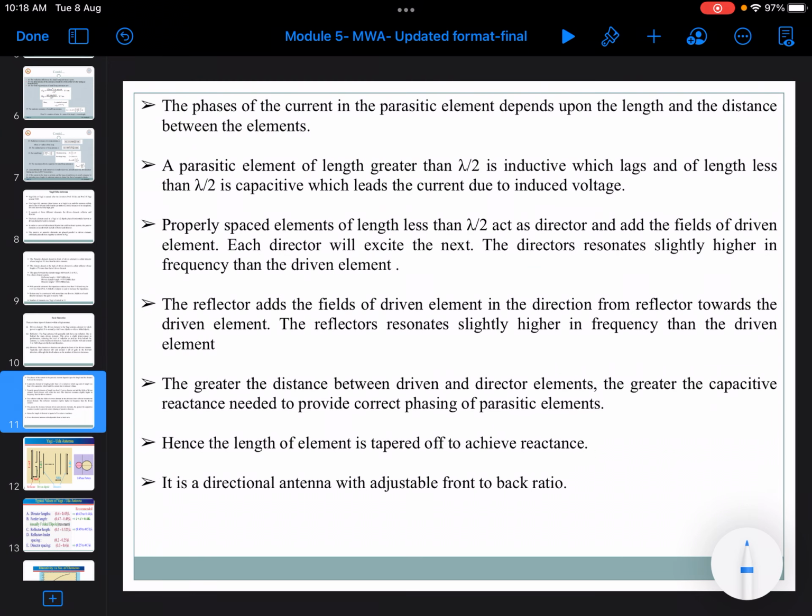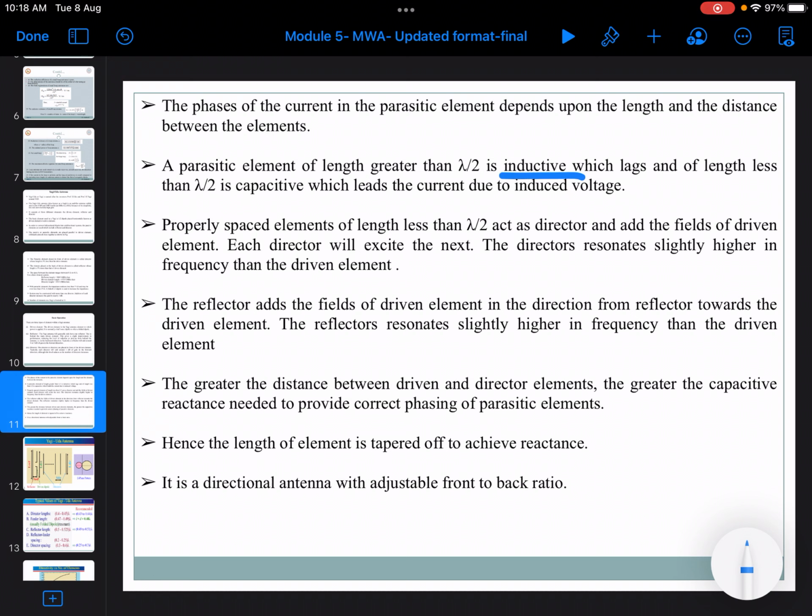These are the salient features of the Yagi antenna. The parasitic element, as we have seen, if the length is greater than lambda by 2, that means reflector, and it acts like an inductor.